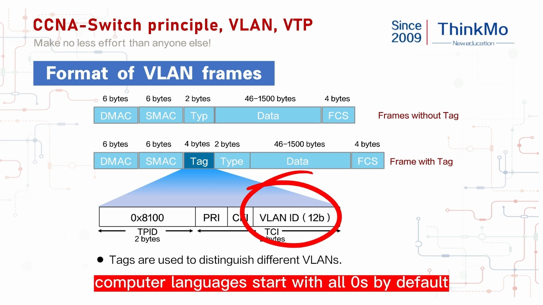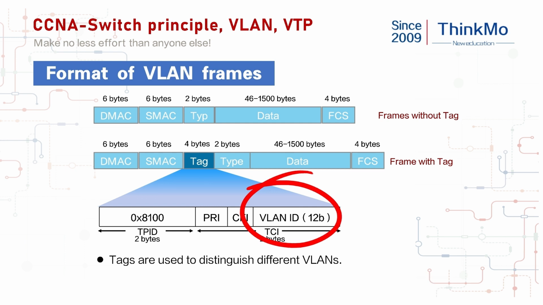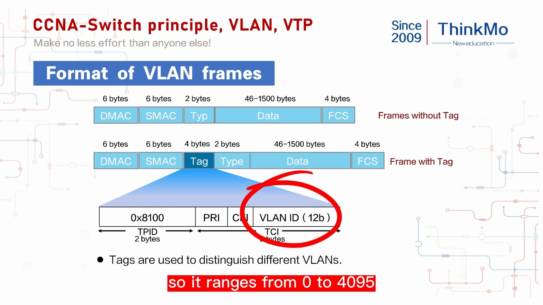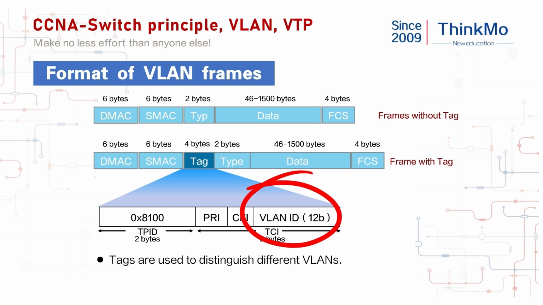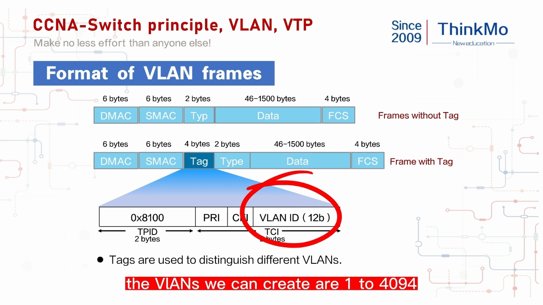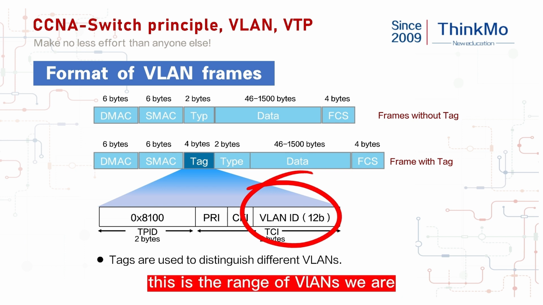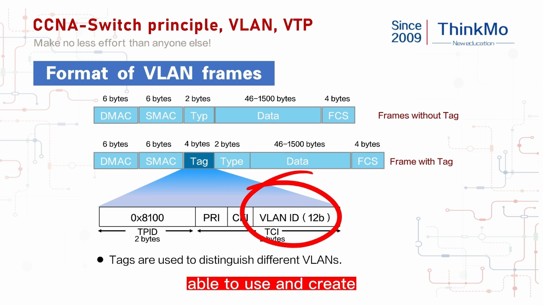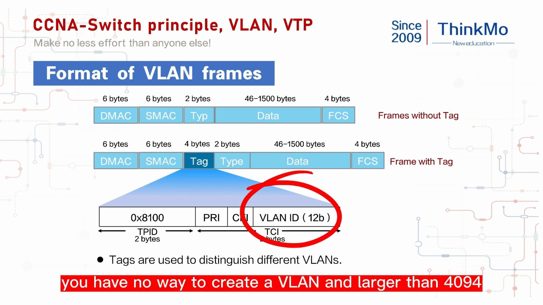Among them, 0 and 4095 cannot be used. The VLANs we can create are 1 to 4094. This is the range of VLANs we are able to use and create. Remember this: you have no way to create a VLAN larger than 4094.